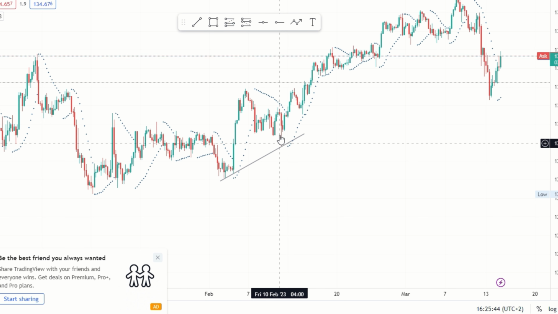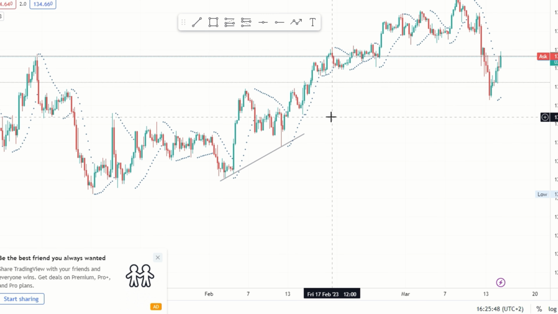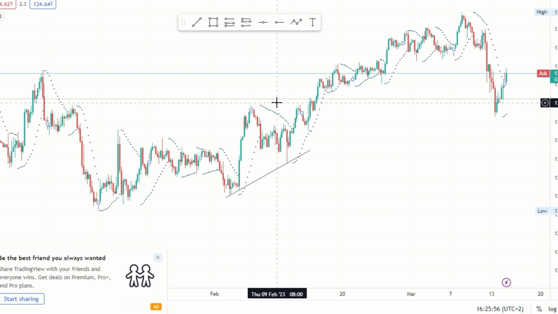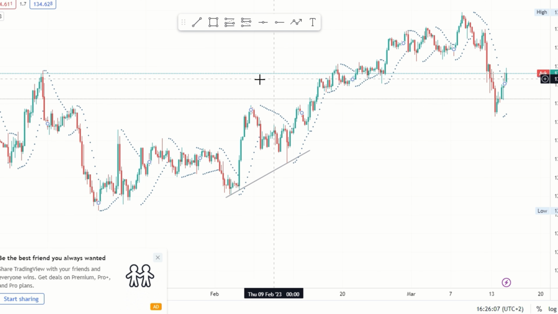But there are circumstances where that touch might be broken. It's not always the case that it's going to return at that point. You want to make sure that when you enter, you've got the advantage in the market, and that you are more confident that it's actually reversing.